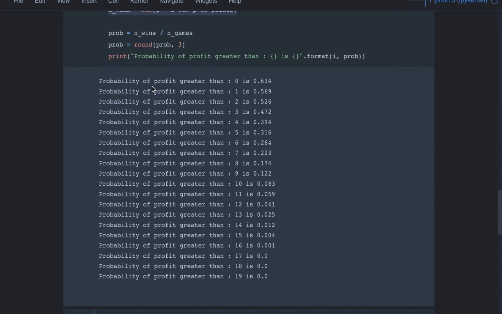Now, as you can see, with this value increasing, obviously the probability decreases, right? And this says we cannot make a profit of more than 17 points. Okay, so 16 is the maximum.